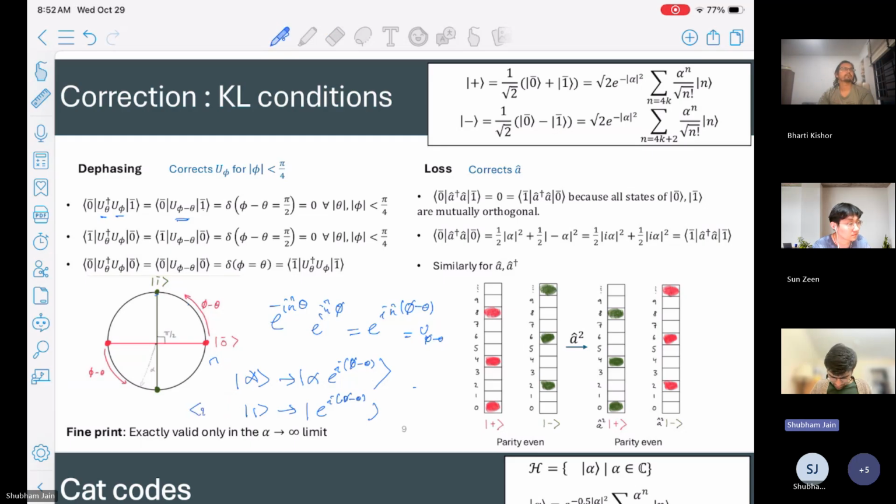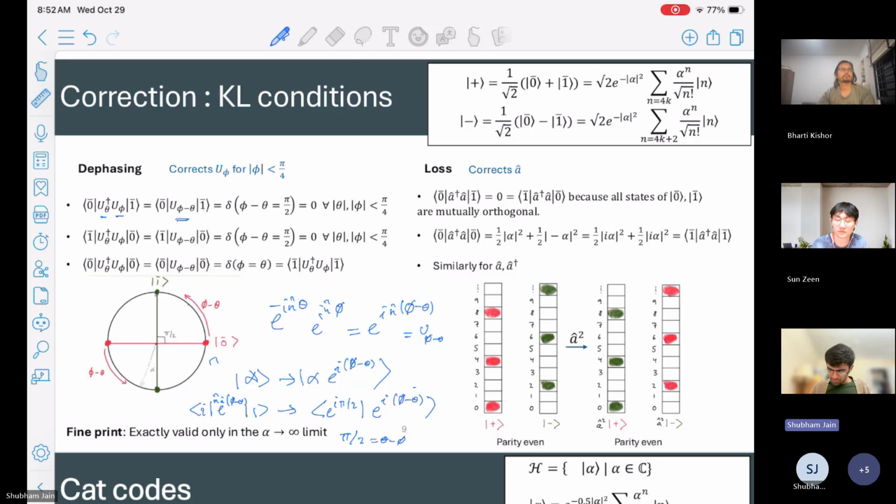So we can check the overlap of this state, and this becomes, I'm going to write i as pi over 2. As long as this is not true, then we are good.